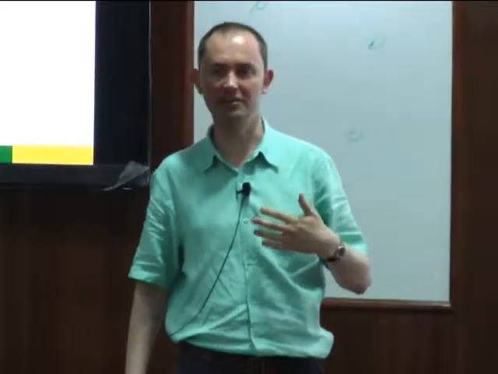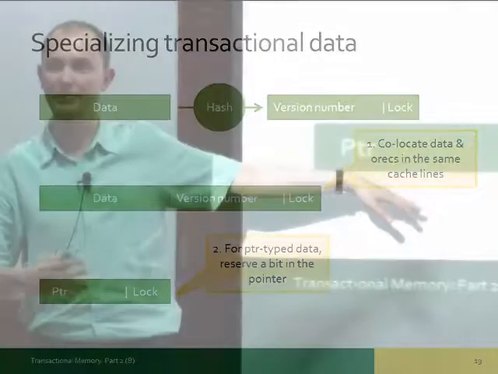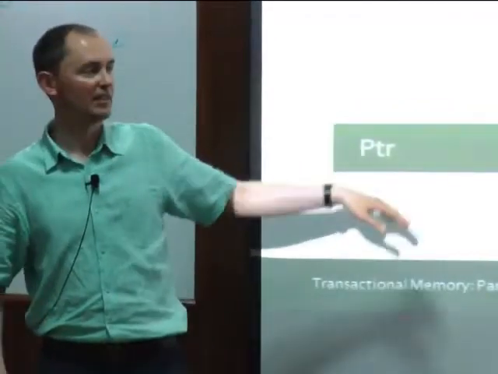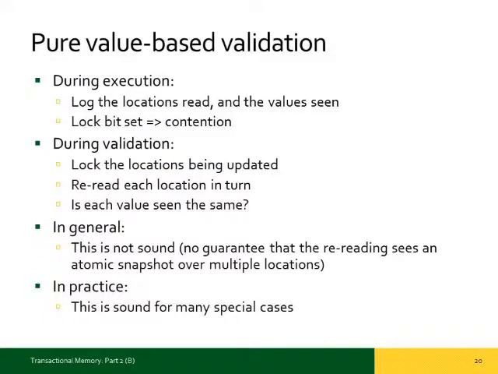So the intuition is that as the transaction runs, we're going to log the addresses that it accesses, and we're going to log the complete contents of these words, so all of the values that it loads from memory. And then when the transaction tries to commit, we're going to reread all of those locations and check that the values are still matching the ones that we saw when we first read them. So we call this technique pure value-based validation because it doesn't involve any use of version numbers.